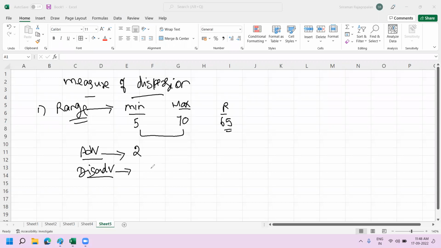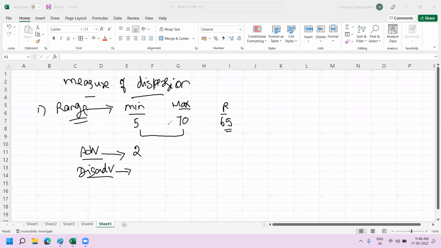When is it not trustworthy? Skewness? No, skewness we cannot calculate with just two values. When the data is not equally distributed. Correct, when you have outliers.